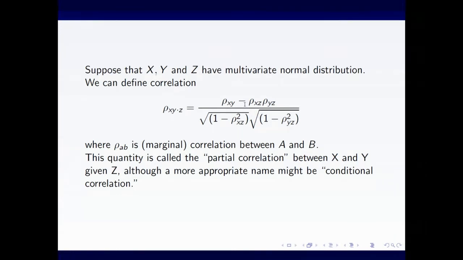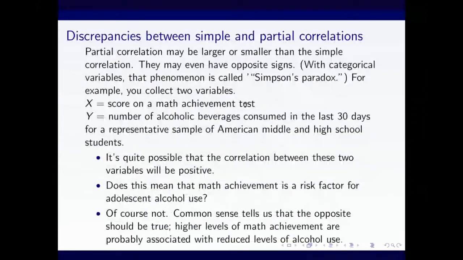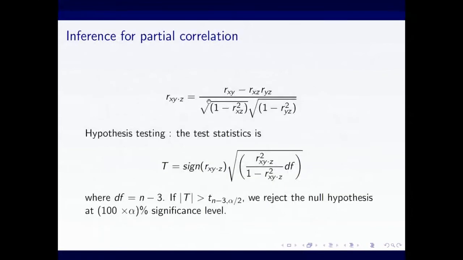We need to estimate them in practice. So we replace the population simple correlations by the sample simple correlations, which are the sample correlation between x and y, the sample correlation between x and z, and the sample correlation between y and z.